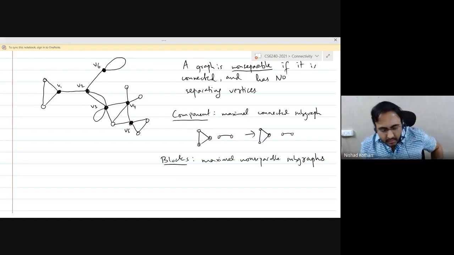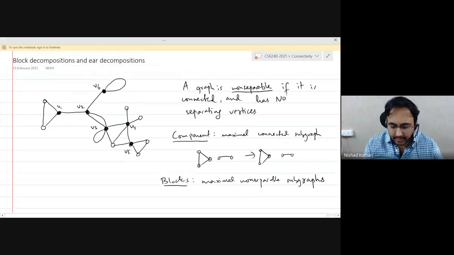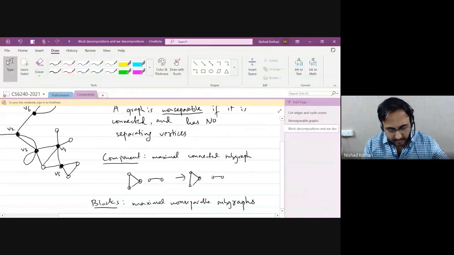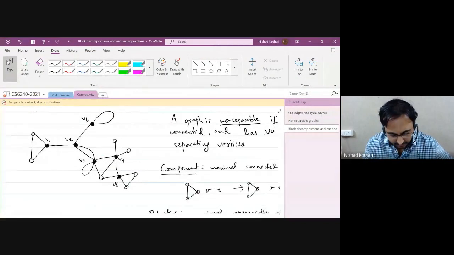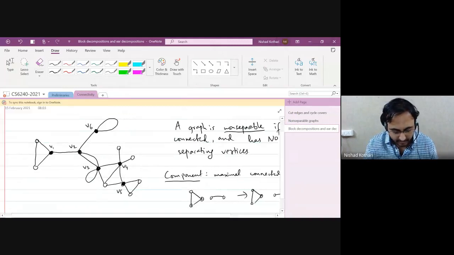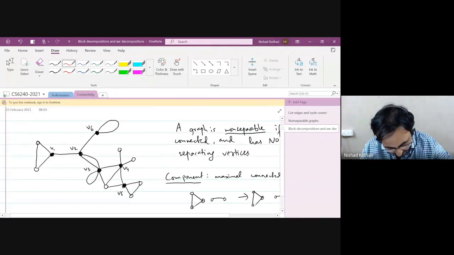If you look at this drawing here, it's quite easy to visualize the maximal non-separable subgraphs. Let's do that with different colors. I won't use 10 different colors, but I will use different colors for blocks that are close to each other. Here you have one block.